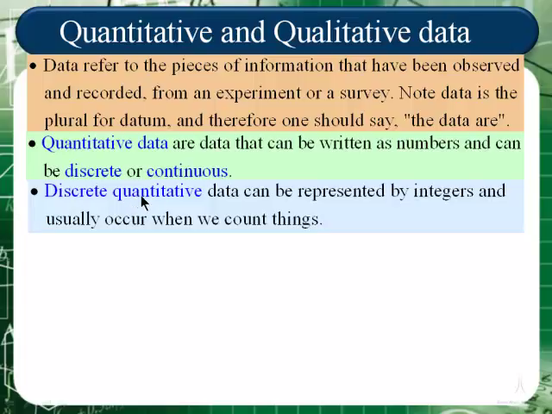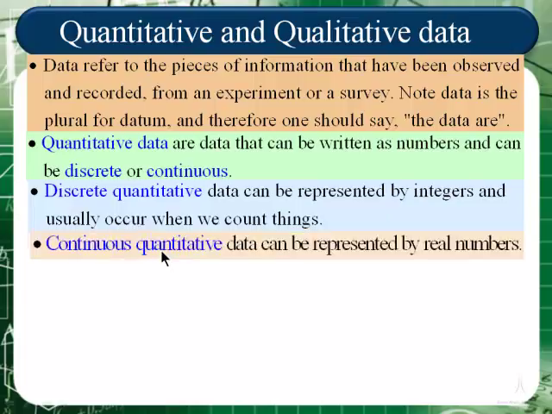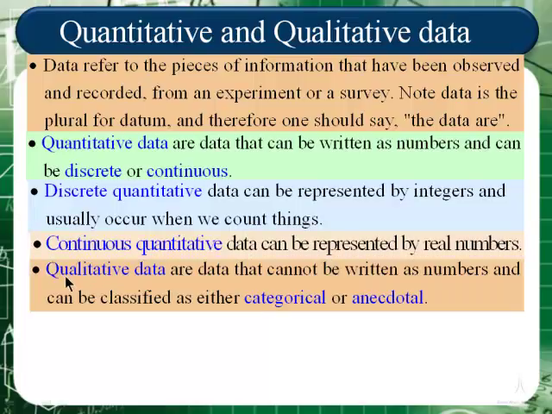Now, discrete quantitative data can be represented by integers, whole numbers, and usually occur when we count things. Continuous quantitative data can be represented by real numbers. Qualitative data are data that cannot be written as numbers and can be classified into two groups, either as categorical or anecdotal.